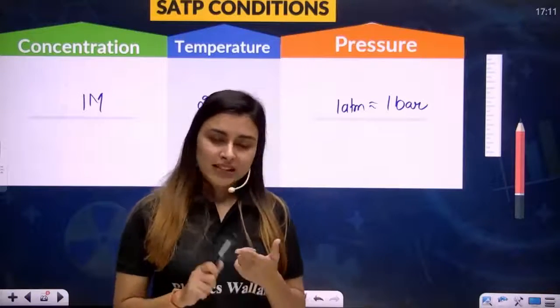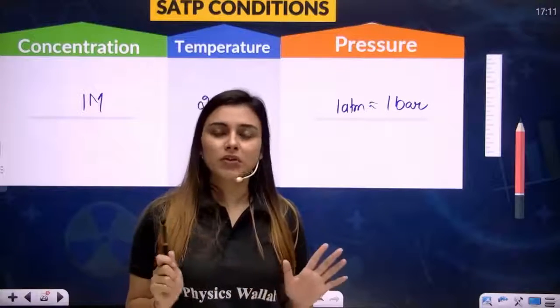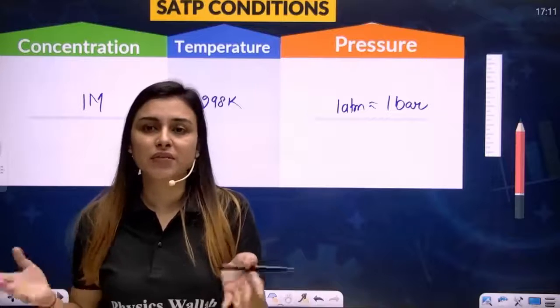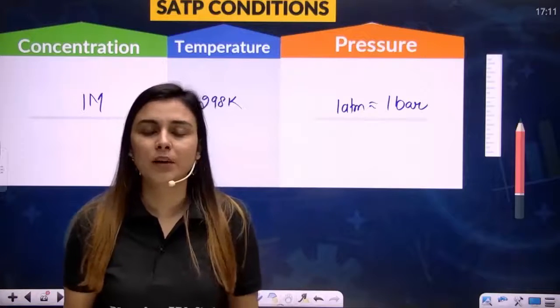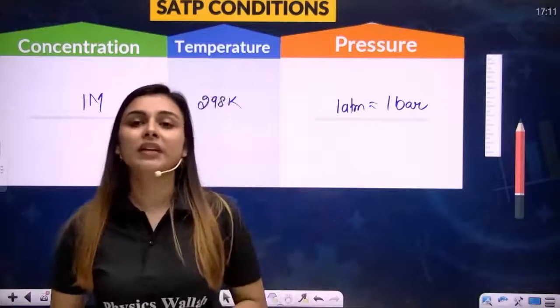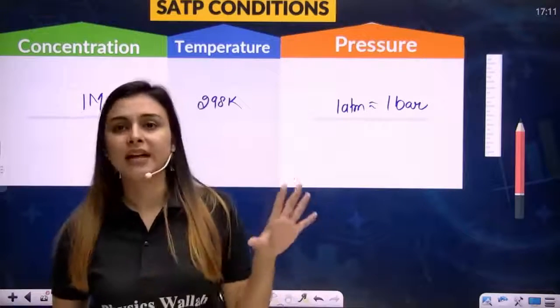So except the nature, they have fixed all the other three parameters. Because with the nature, obviously the EMF will change. If we fix the nature also, then only one value will come, right? So we fixed the three parameters and tried to calculate the EMF values of all the reactions.